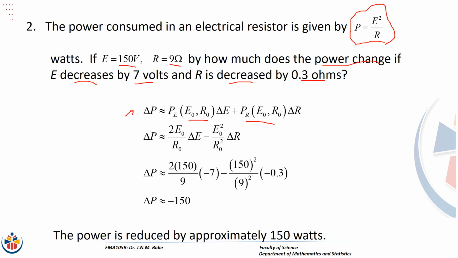So it gives us negative 1 over R squared multiplied by E squared. So that's why we've got that expression for delta P.